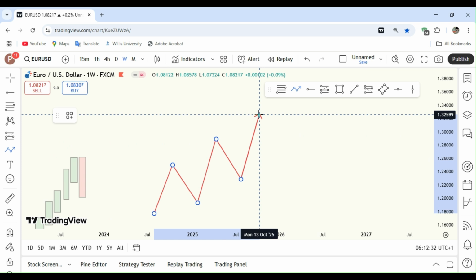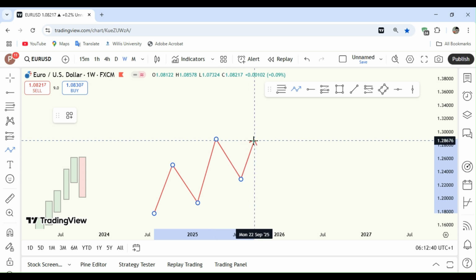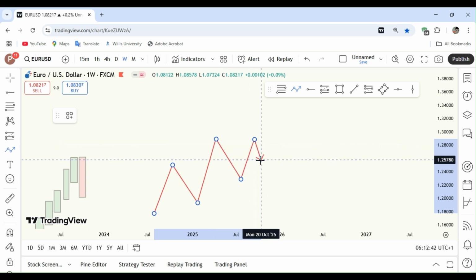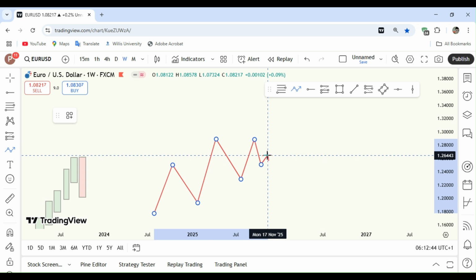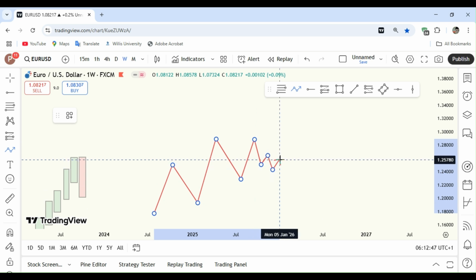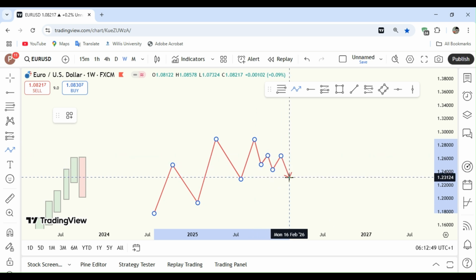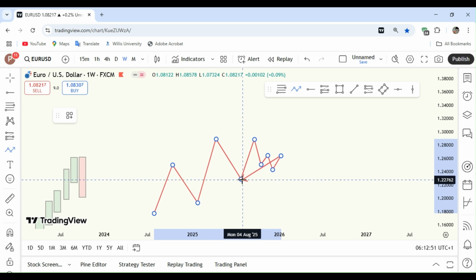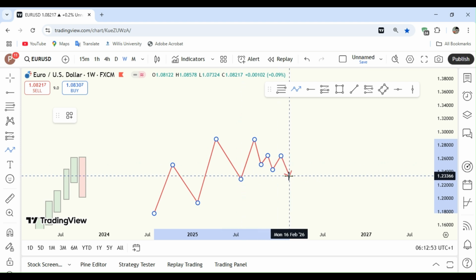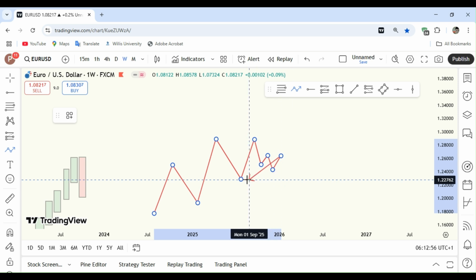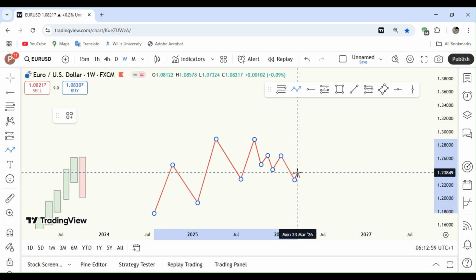And for all of you that understand market structure, we know that if the market puts up an equal high and is trading within this previous low and it fails to take out this previous low right here, we are still bullish. Even if the market comes here and puts up an equal low, we are still bullish.